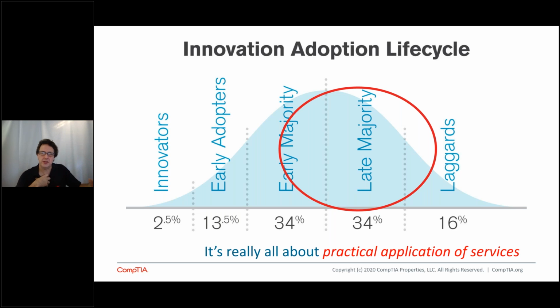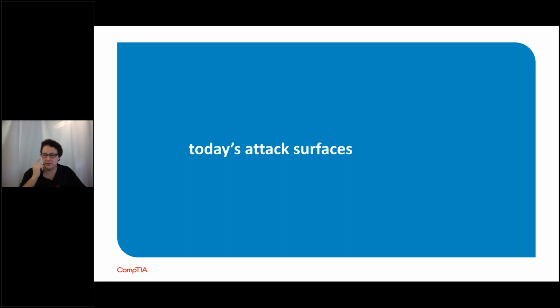There's always the innovators, there's the early adopters. I saw the cloud go through this, for example. The whole idea is that you really want to get into it, maybe not at the innovator or early adoption cycle as a business, but businesses really want to get into the early majority or the late majority users of this. So it's about practical application of services.